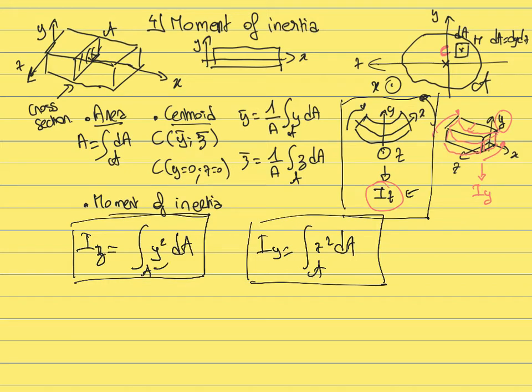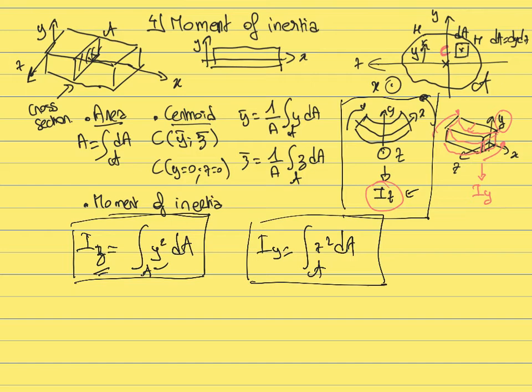So it's like y square. If you look at the surface, for a given point m, y is its distance from the z-axis. So when you calculate the moment of inertia about z, what matters is, on average, how far are the points m belonging to this surface from the axis z.